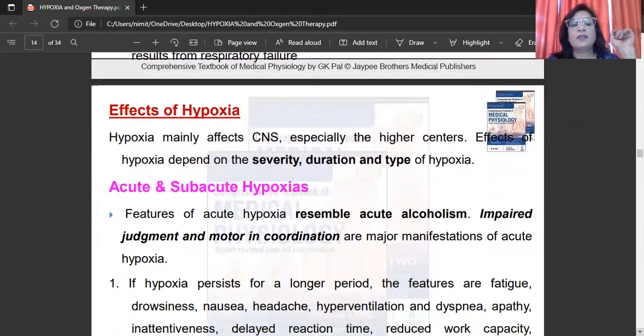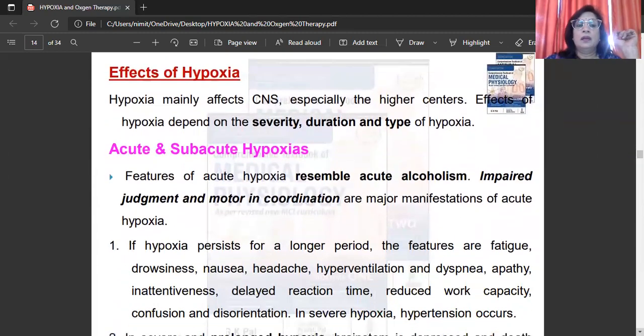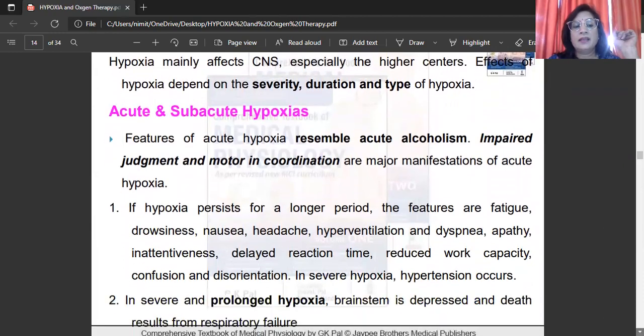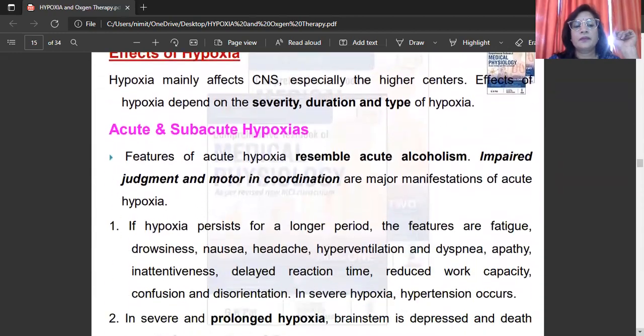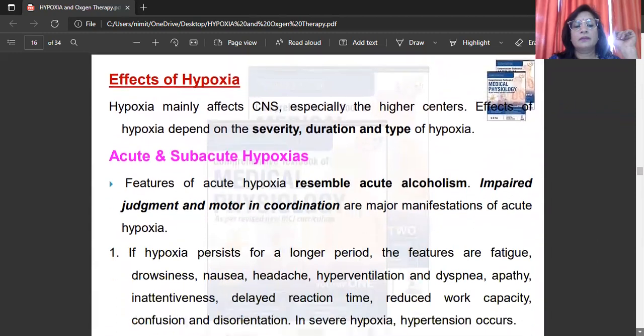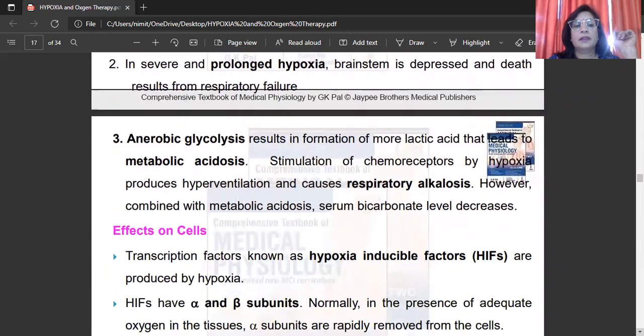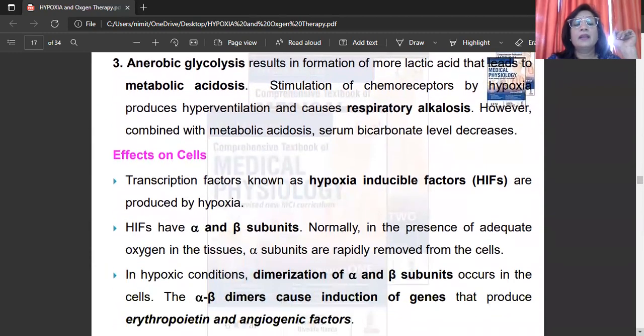What are the effects of hypoxia? It mainly affects the CNS. Anaerobic glycolysis results in the formation of more and more lactic acid. That leads to metabolic acidosis.